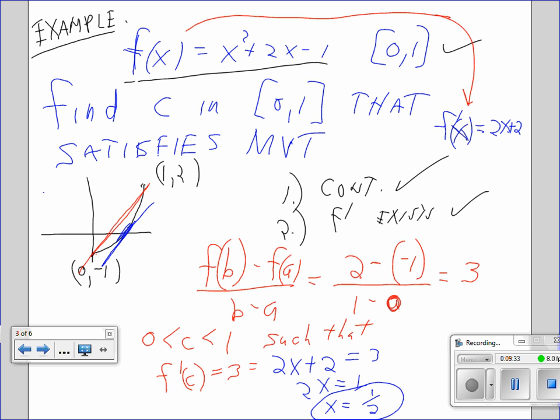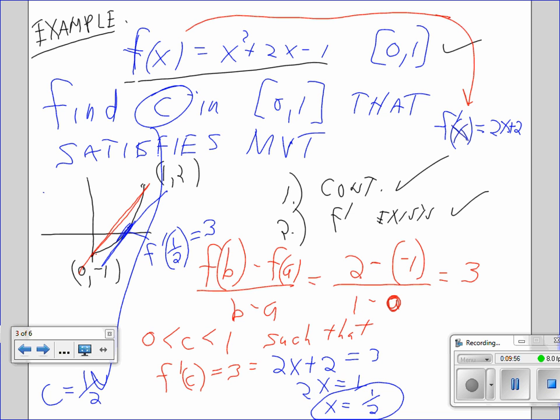Okay, so at x equal to 1/2, which almost looks like my picture here, f prime at 1/2 must equal 3. So what's my c value? Find c. In this case, the answer would be c is equal to 1/2.